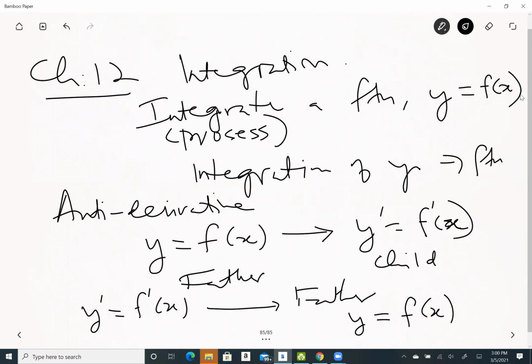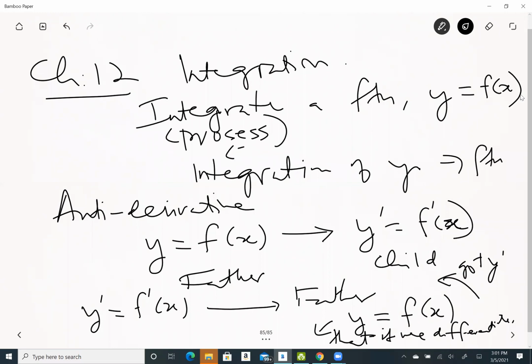So that is integration, or we call the function the integral.